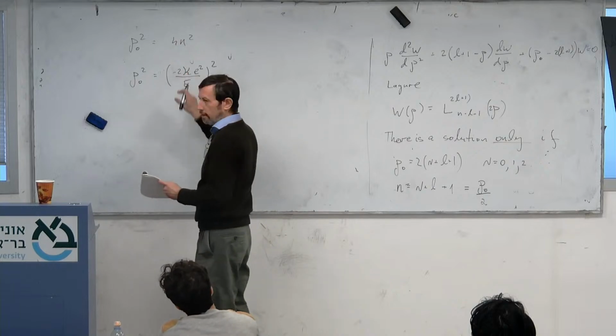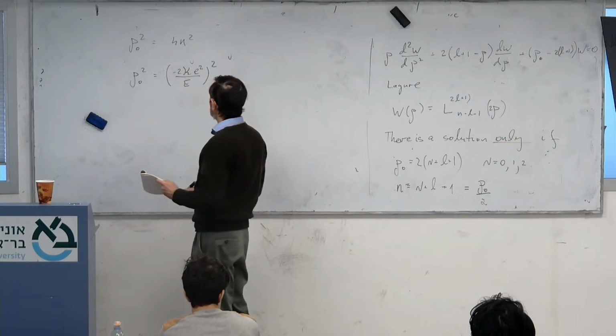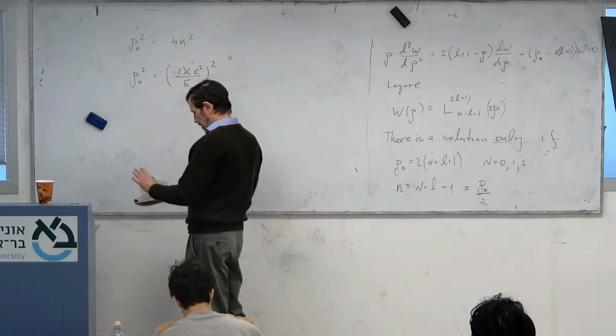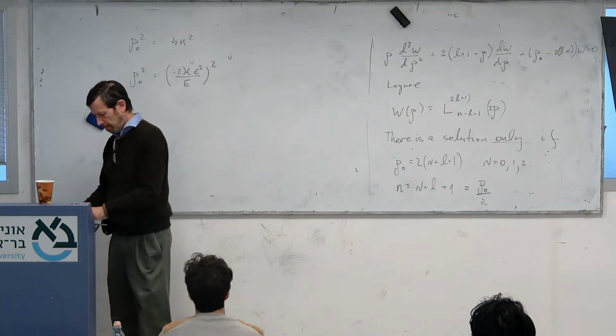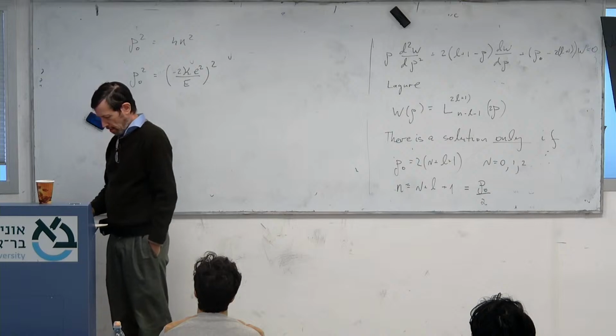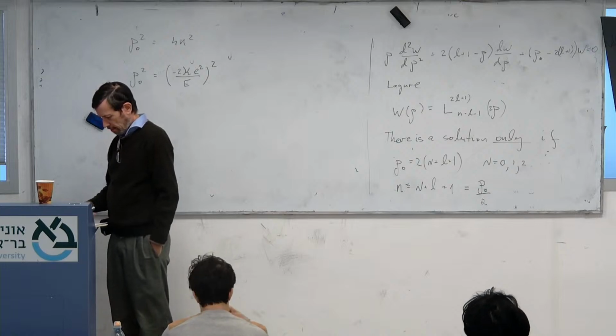No, Z is in the cup. I think kappa is only in the Schrodinger equation. Okay, right.